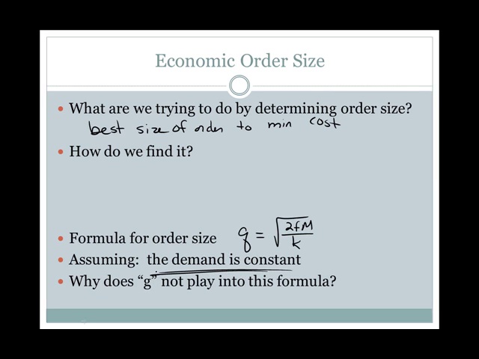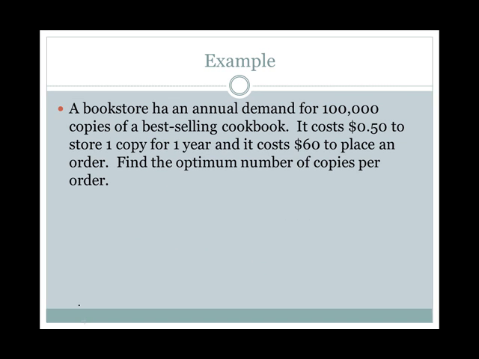Here we're just assuming the demand is constant, that if I know I can sell 500 tricycles this year, I'm not going to get stuck with them at the end. What happens to some companies is they think, oh great, I can buy 1,000 of these widgets, and then they only sell 300 widgets. So it's understanding that the demand is constant. And again, G is the cost per item, that's not changing, but if you got the bulk discount, then that would play into making things a little different, and you would probably want to use average cost.